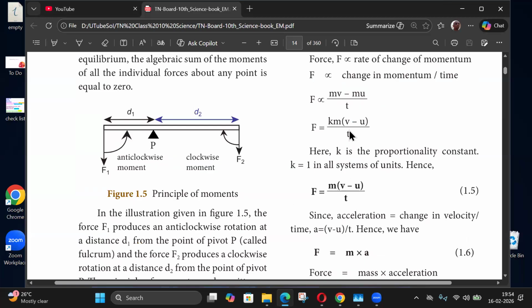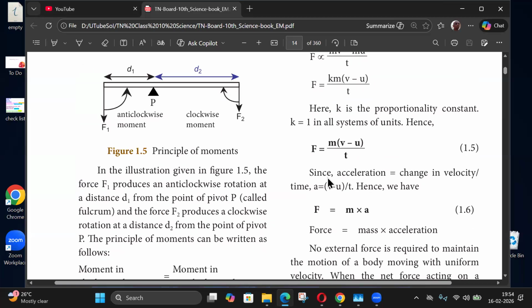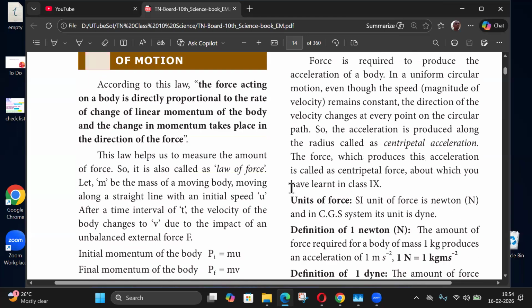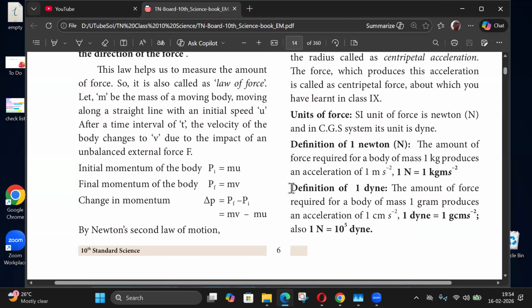The proportionality constant is 1. And (v minus u) by t is acceleration, the definition of acceleration: how fast the velocity is changing, the rate of change of velocity. That's it.